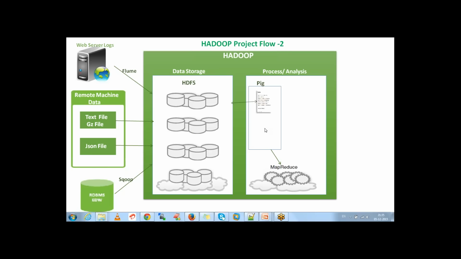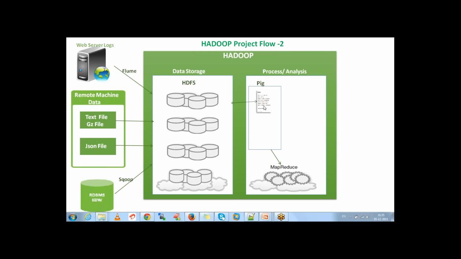What is the difference? Pig works as a data flow. Data flow is nothing but the steps we need to write for processing the data: load command, filter command, group by, order, limit. This is the data flow we write in Pig script files.